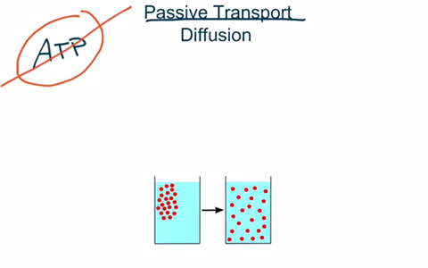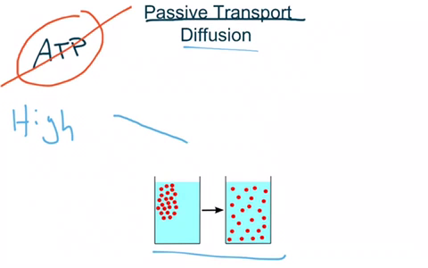If you remember, diffusion is the movement of molecules from high concentration. If you look at this picture right here, you have a high concentration of molecules, and it's going to move from high to low, okay? So again, you have a high concentration of molecules here, you have none over here. These molecules are going to diffuse from high concentration to low concentration.